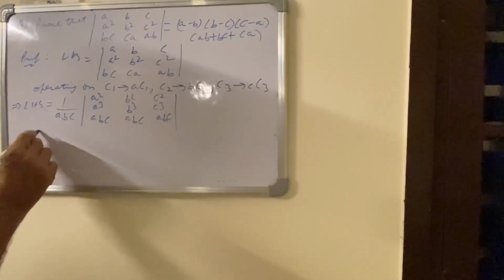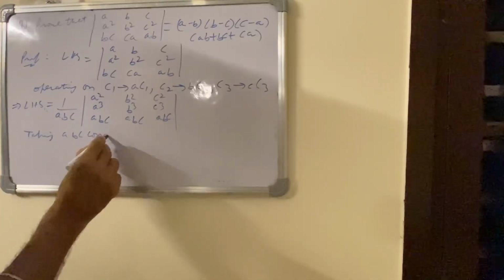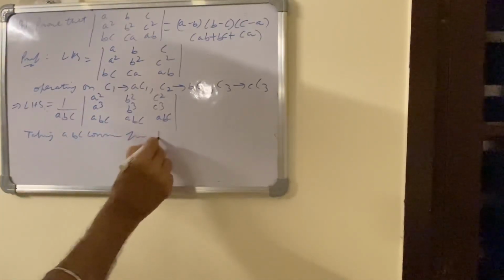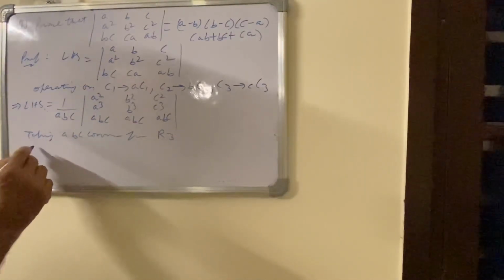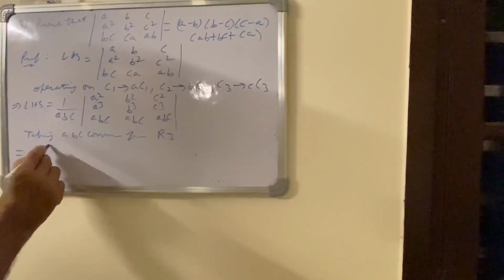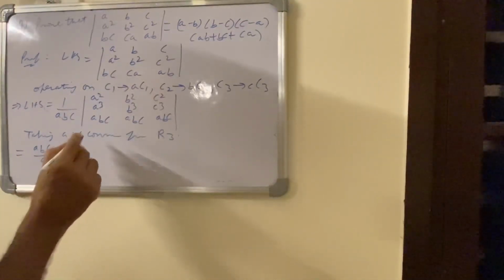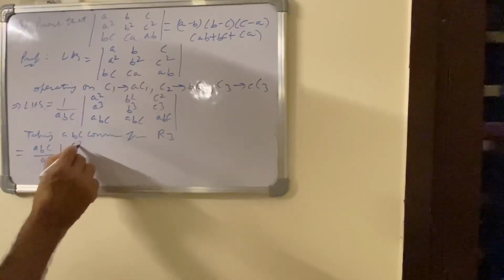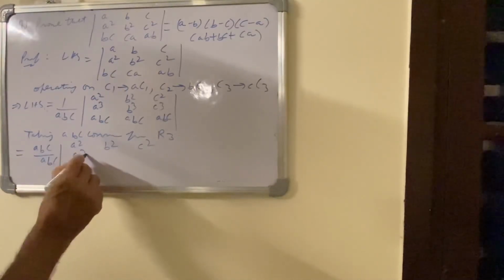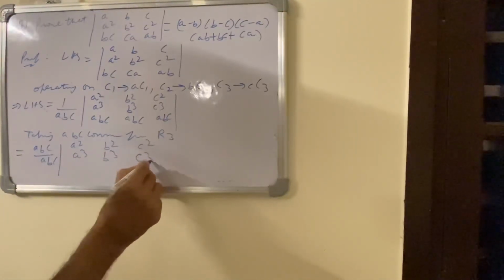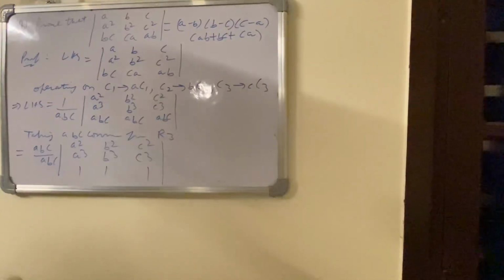Taking abc common from row R3, we get abc over abc, determinant a square, b square, c square; a cube, b cube, c cube; 1, 1, 1.